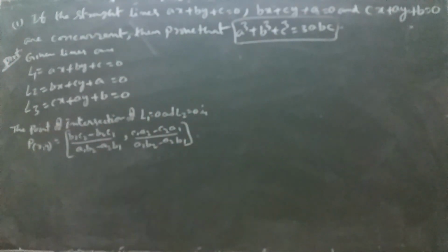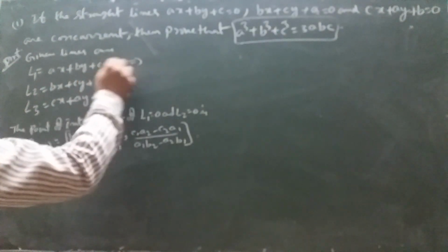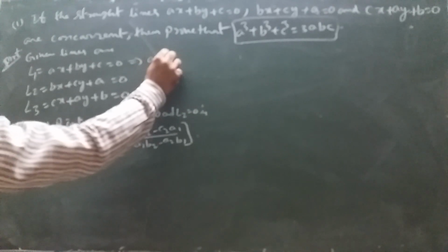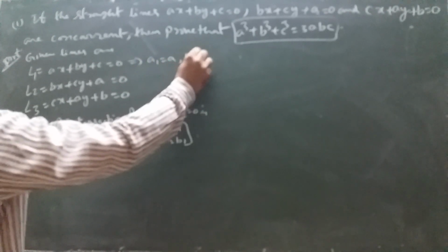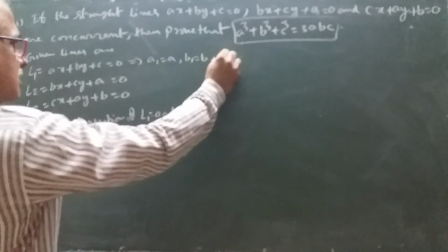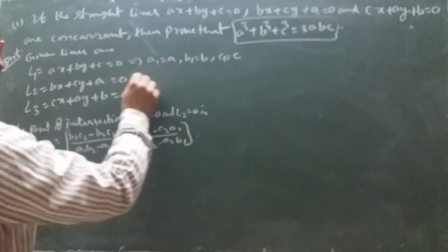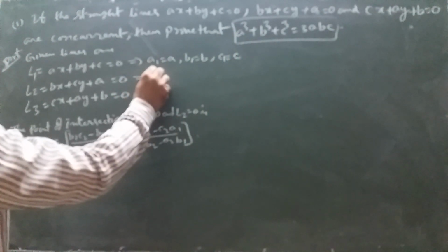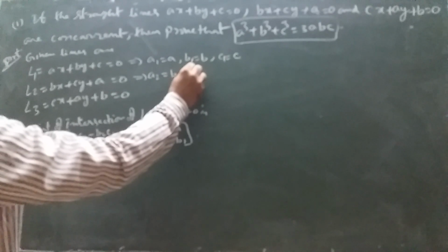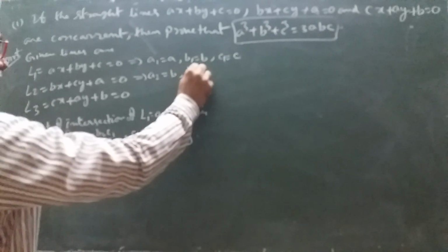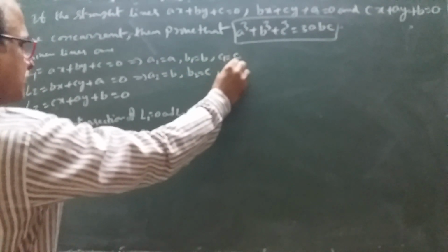By using that, I will write here a1 is equal to a, b1 is equal to b, c1 is equal to c. That implies a2 is equal to b, b2 is equal to c, c2 is equal to a.